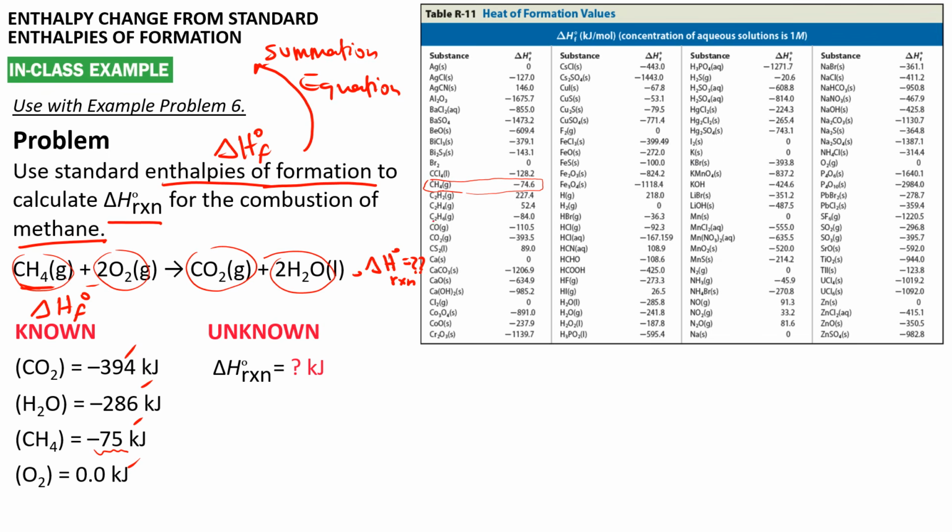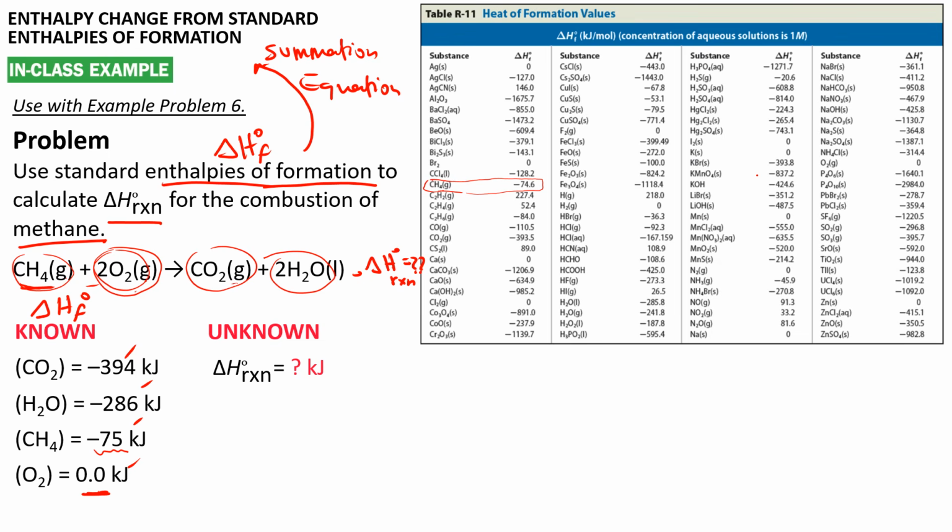Let's look for CO2 gas. Make sure that it is gas, guys. Oxygen gas: without looking at the table, oxygen is an element, and we said that the delta HF for elements is 0. So the number is 0 here.